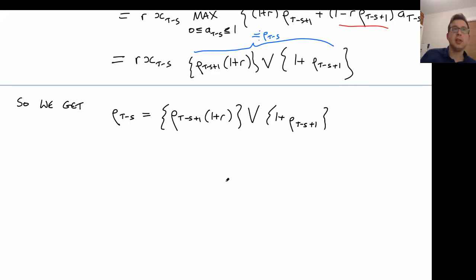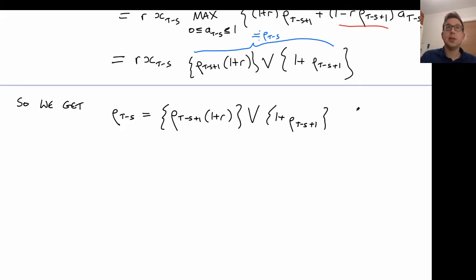Now it doesn't seem like we've got very far. We've gone from one recursion to another recursion where we've got rid of the maximization in it, at least most of it. But we're actually in a situation where there's something we can interpret as an answer. So the first thing to note is that this 1 plus r term corresponds to saving till the next round and then compounding the interest.